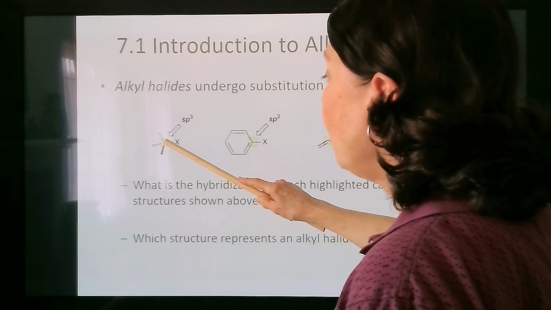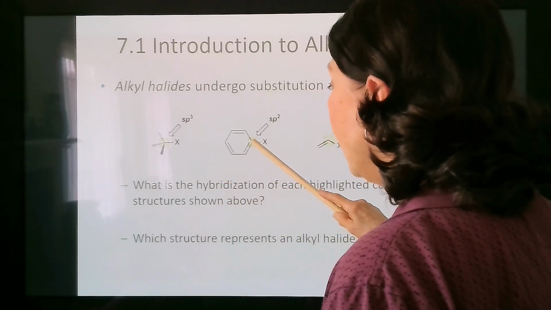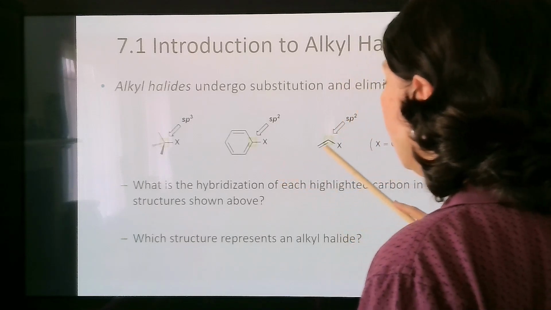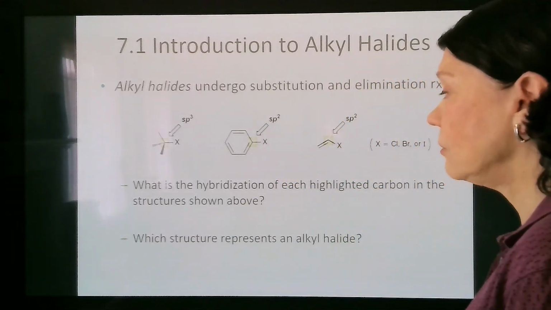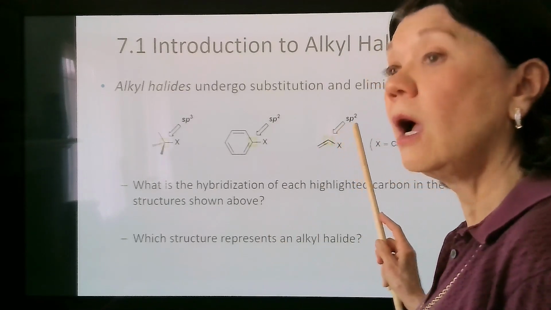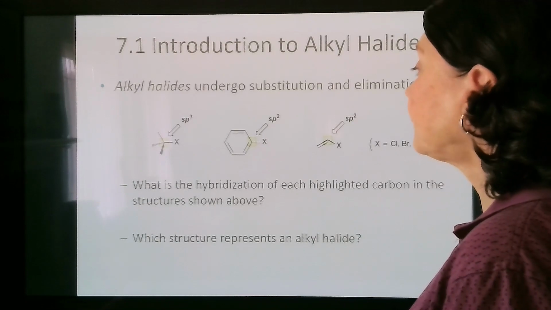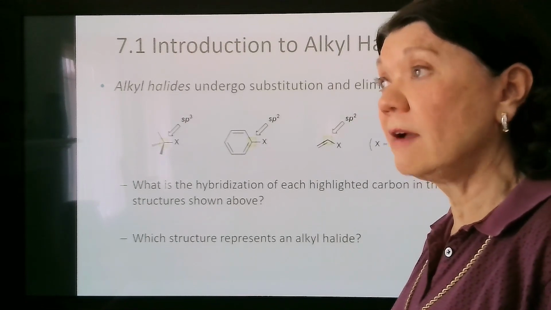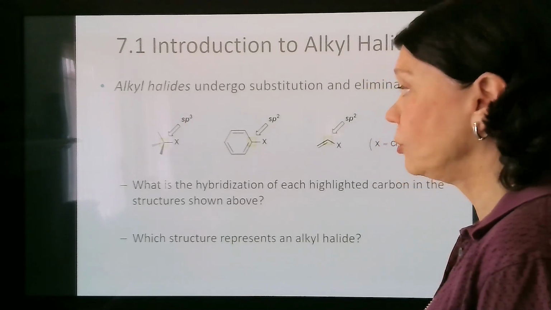You see here you have an sp3 hybridized carbon. Here is an alkyl halide with sp2, and here is another one with sp2 hybridization. And of course, you can also have alkyl halides with sp hybridization.